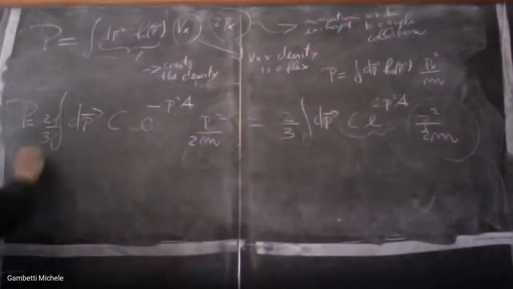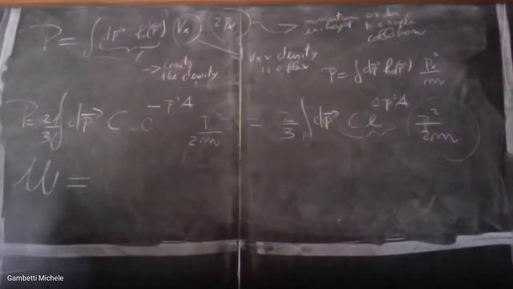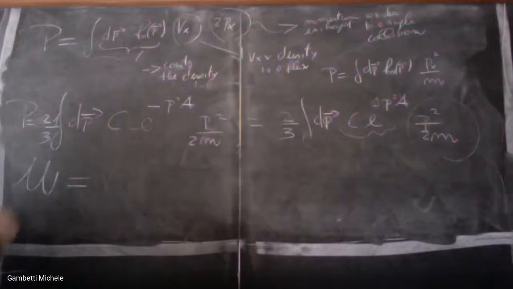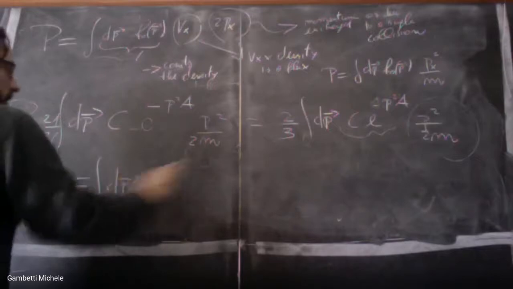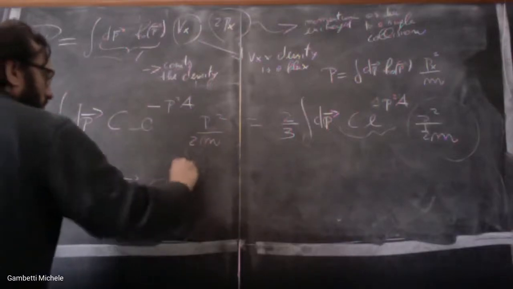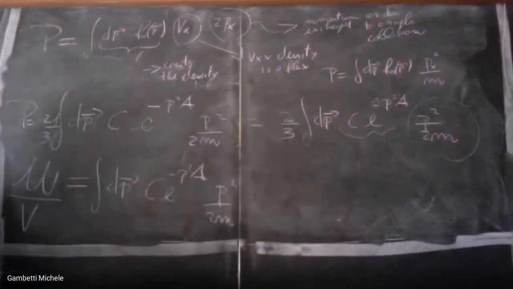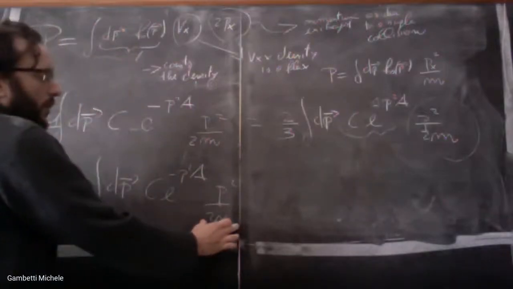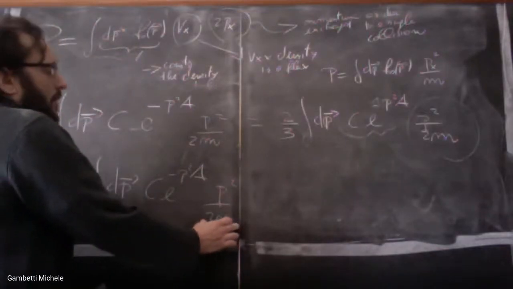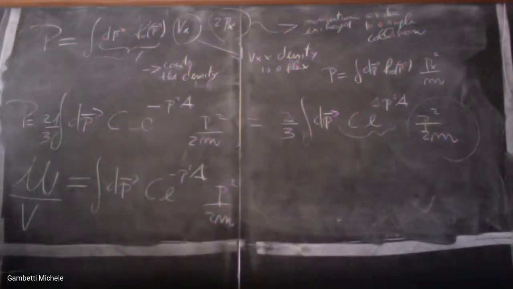And indeed, if I write also the internal energy in terms of microscopic quantities, I can write the internal energy divided by the volume as the integral over dp of the distribution function times p squared divided by 2m. Because I'm averaging over the kinetic energy of my system.